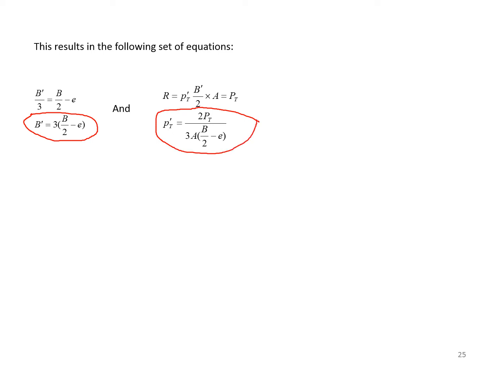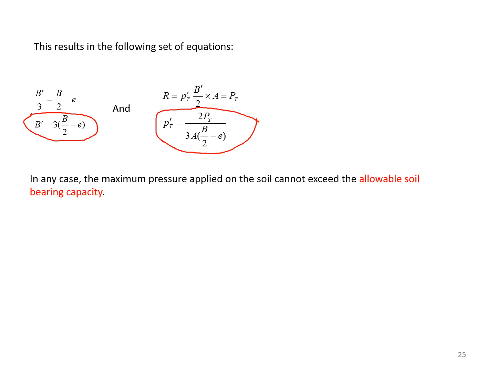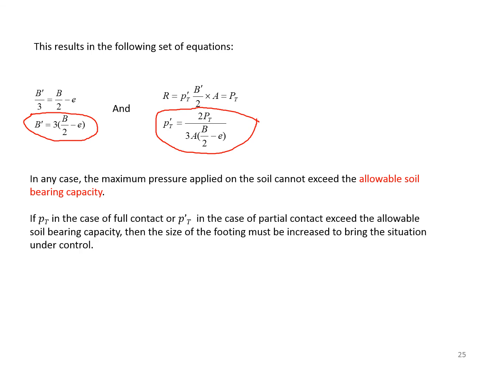Here are the equations. B prime over 3 is equal to B over 2 minus E from the previous figure, and from there we come up with a new contact area, which is represented by B prime, is 3 times B over 2 minus E. And by writing the equation for R and knowing that R is equal to PT, we come up with the new equation for the toe pressure, which is P prime sub T. In any case, the maximum pressure applied on the soil cannot exceed the allowable soil bearing capacity.